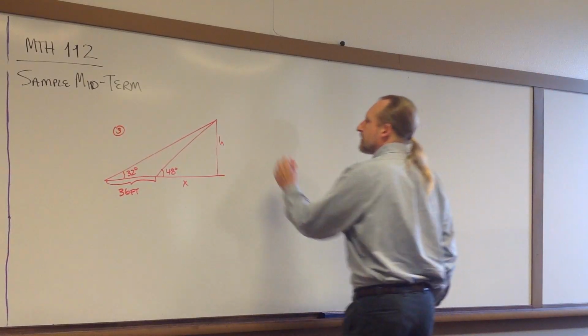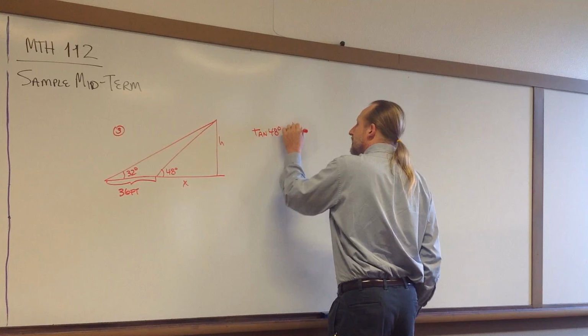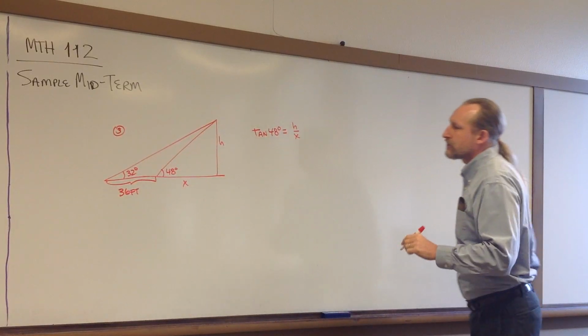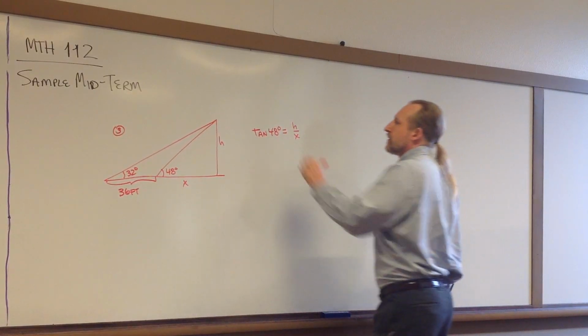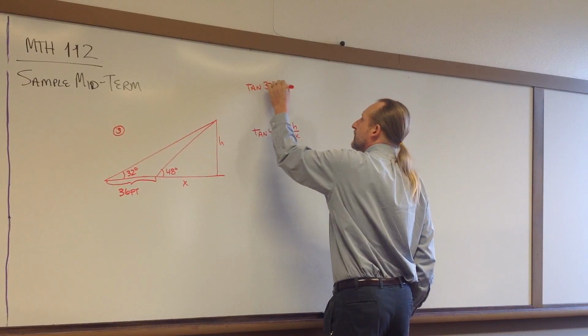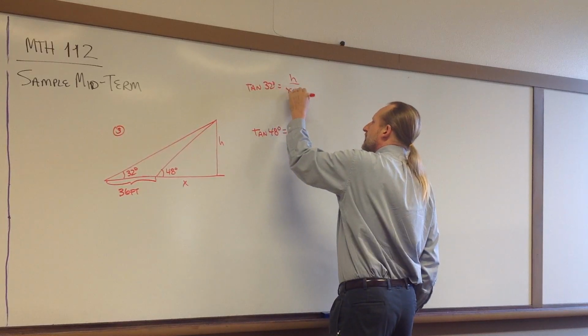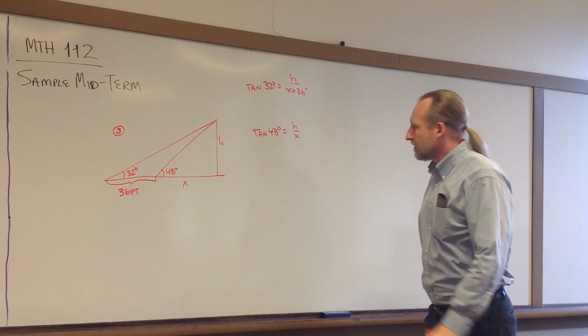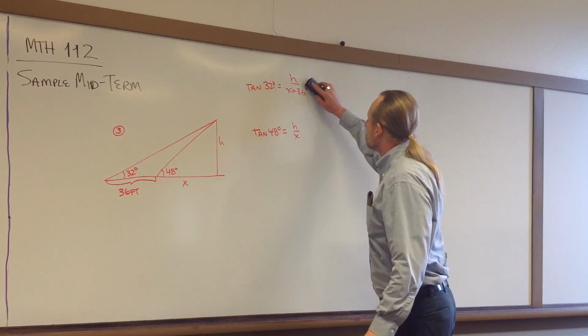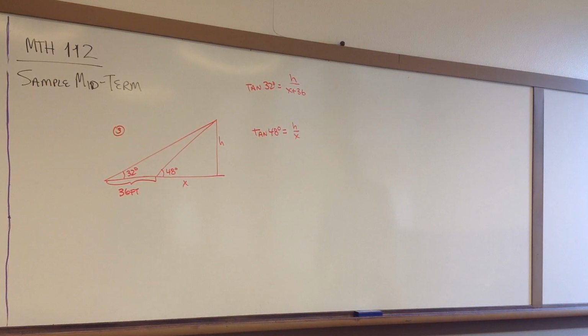Alright, so then we can say tangent 48 degrees is H over X. And we can also say tangent of 32 degrees is H over X plus 36. That's not degrees, that's feet. There we go. Well, what do we want to do here?